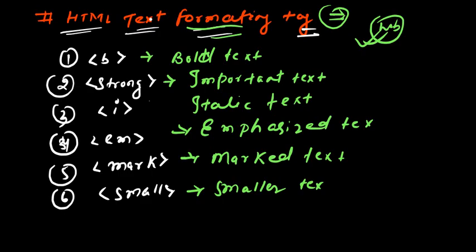So I can write the bold tag here. Inside the bold tag, however much text you want to bold, you can simply copy and paste it here, Control V, Control S, and then go to the web page and watch, refresh it. So see, all of it is bold.